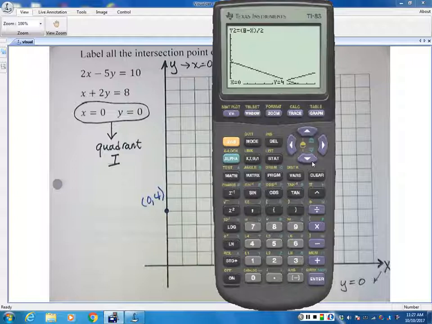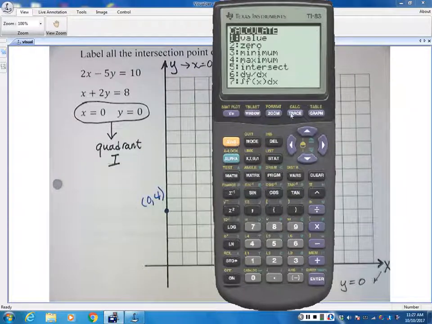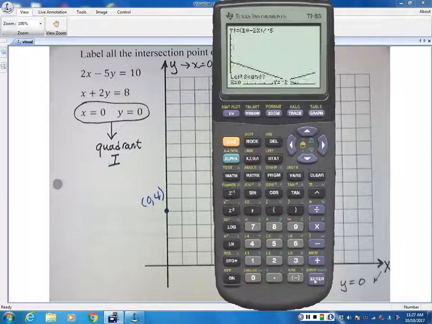Now I'm going to tell you in advance, we're going to have a problem doing the x-intercepts. I'm going to go second trace to the calc menu, and I'm going to ask it to show me the zeros. And if I want to see the zeros, I have to be able to tell which line I'm on. So right now I'm on this one.